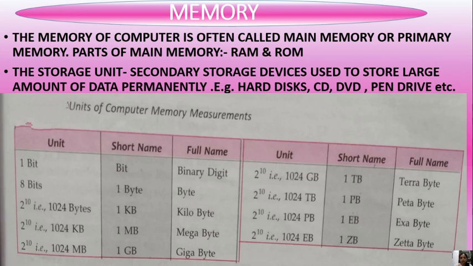So 8 bits is equal to 1 byte. 1024 bytes is 1 KB, 1024 KB is 1 MB, 1024 MB is 1 GB. KB means kilobyte, MB megabyte, GB gigabyte, TB terabyte, PB petabyte, EB exabyte, and ZB zettabyte. So these are just memory units for measurement of computer memory.